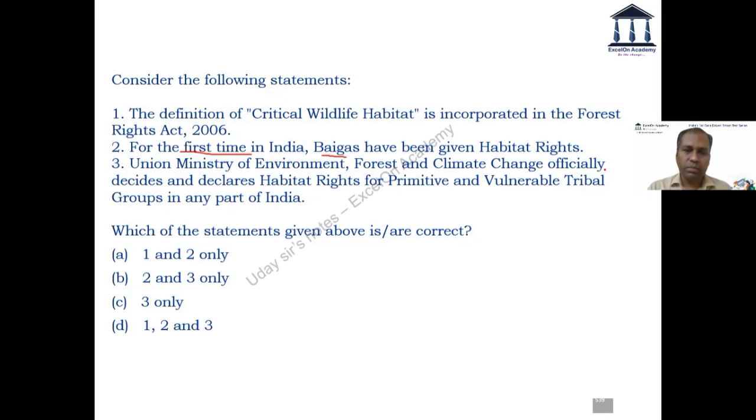Abhishek, that's a good guess. Statement 3 is indeed incorrect. I also thought of the Ministry of Tribal Affairs, but the reason is different. It is done at the state government level and at the respective village level. But 3 is the incorrect statement.